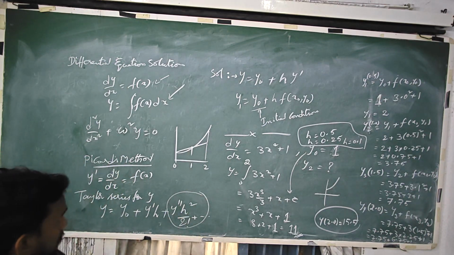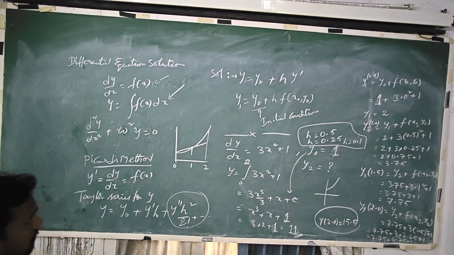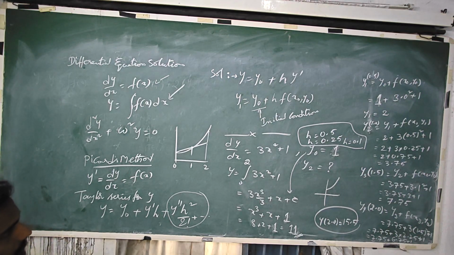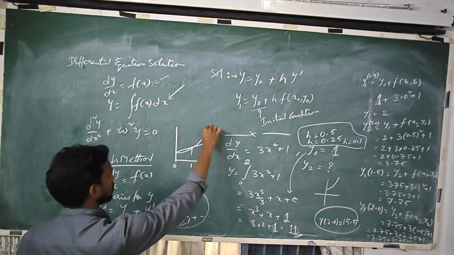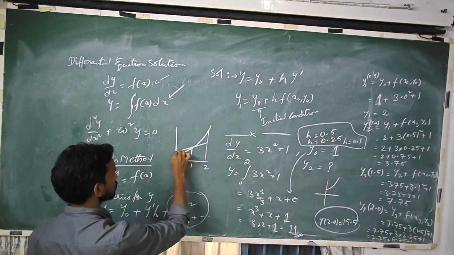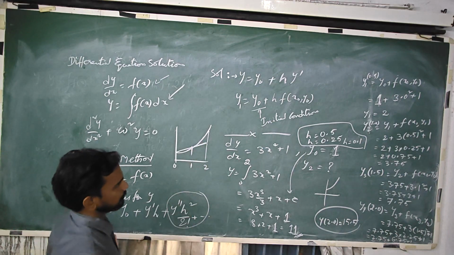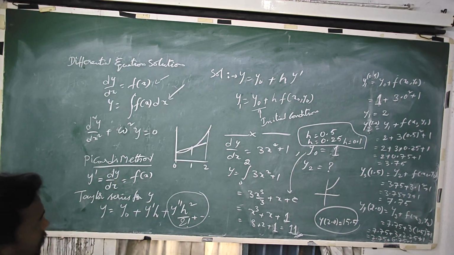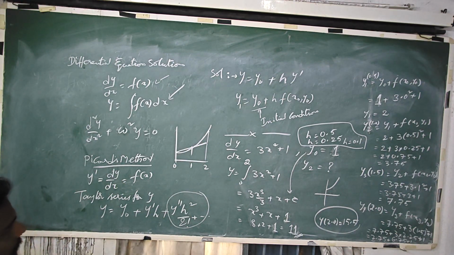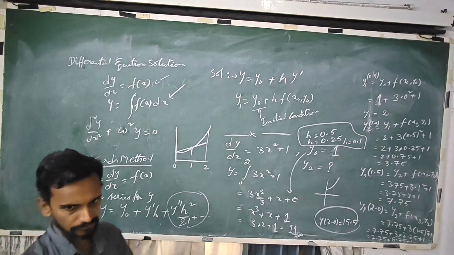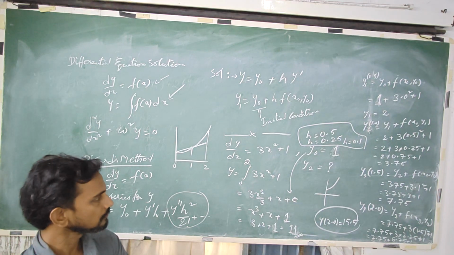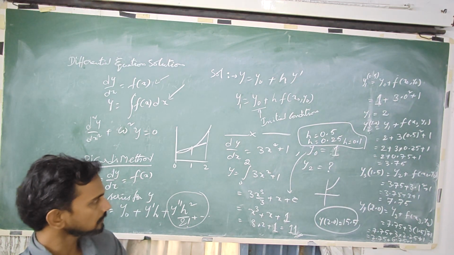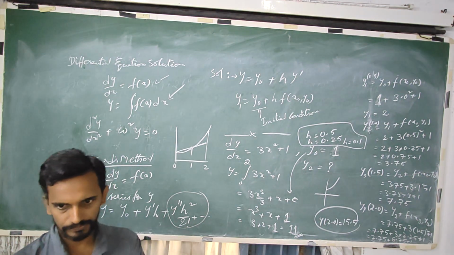The result looks like that. This is the original curve and the result obtained for that is 11, and our linear approximation got a result of 15.5. So if you use a smaller step size, you will get better and better solutions.